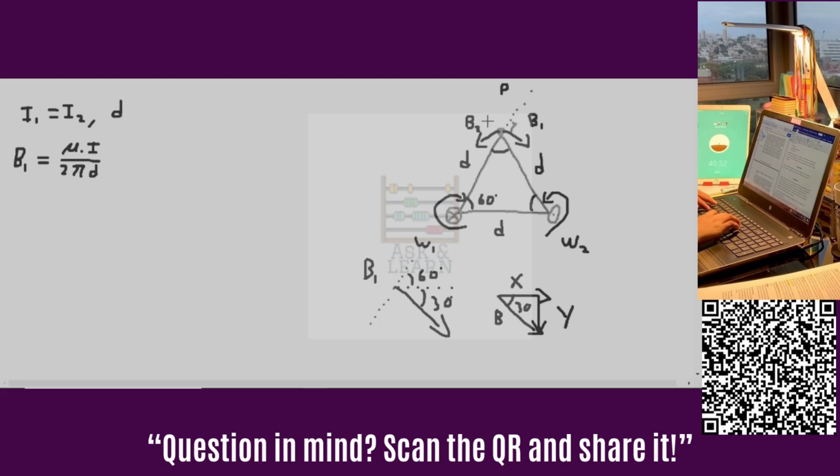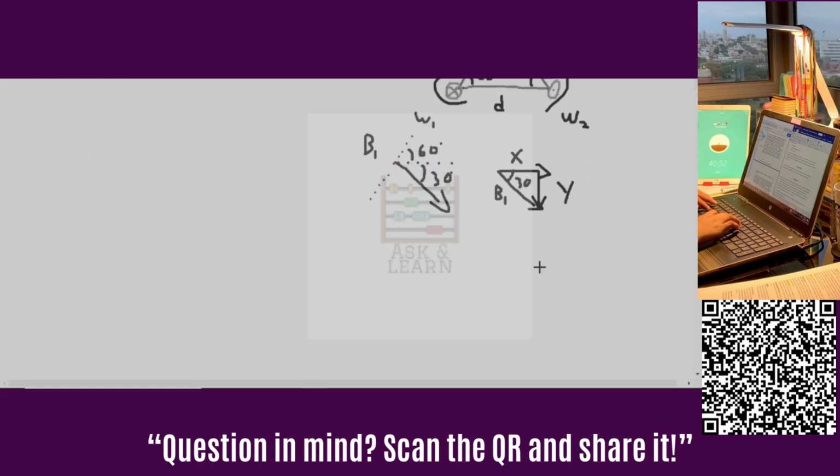So for B2, we'll have the opposite. We'll have a negative X direction, a negative Y direction, or we can just call it down Y because we're not dealing with any upward Y components. So downward Y will be positive in this case.